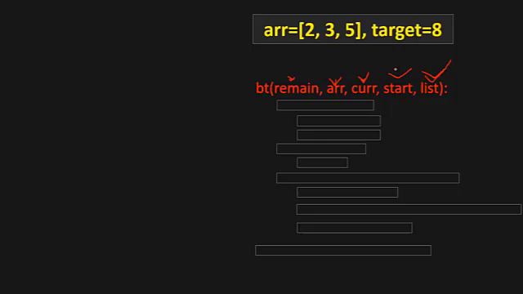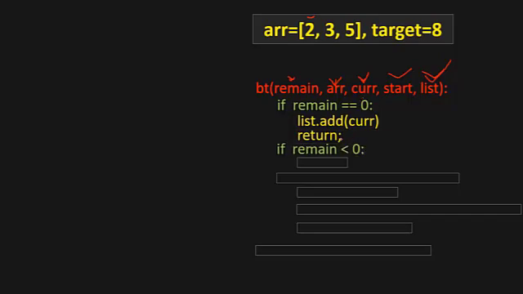Start equals 0 initially because we will start from the first element. If remain equals 0, then we will add that path to our list, an array list or linked list, depending on the implementation. Then we will return.